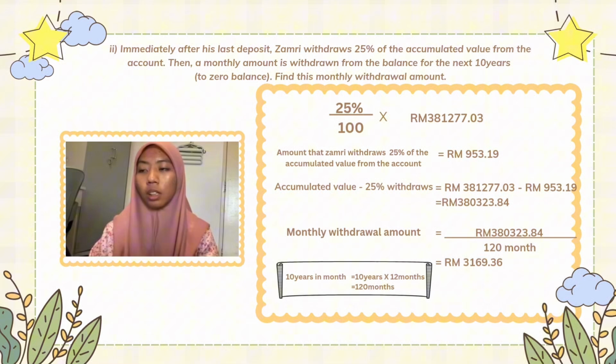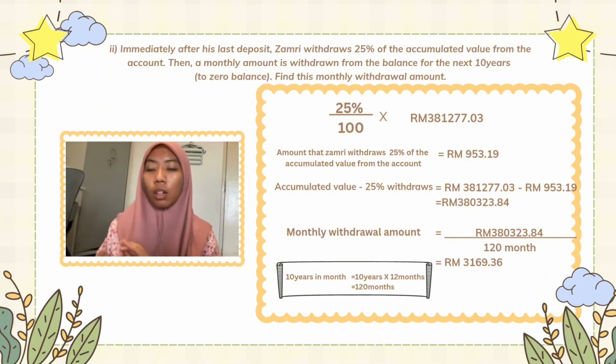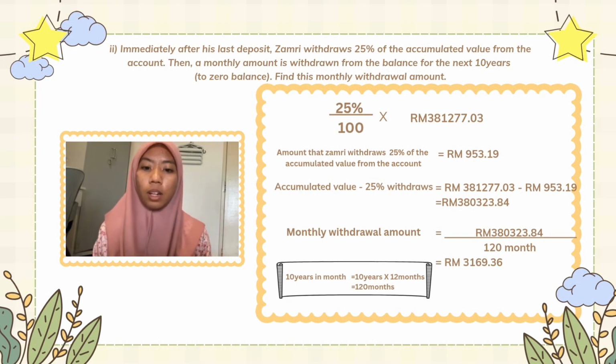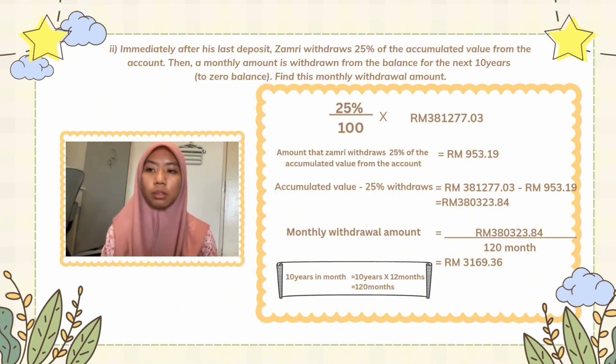Next, we're going to find the monthly withdrawal amount. Before we do that, we need to convert 10 years to months. What we need to do is 10 years multiplied by 12 months, so we will get 120 months.